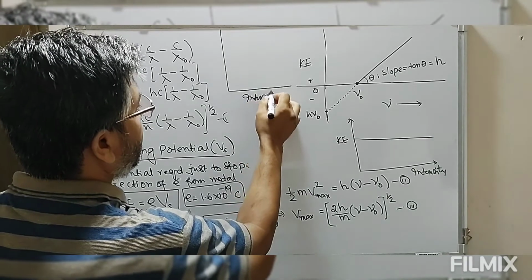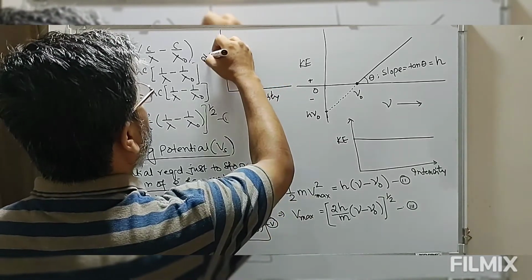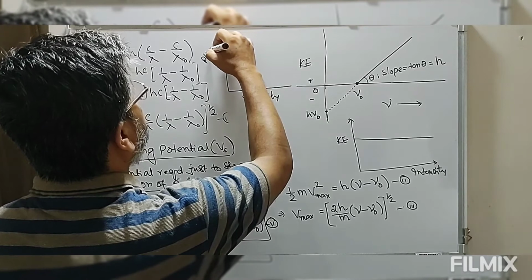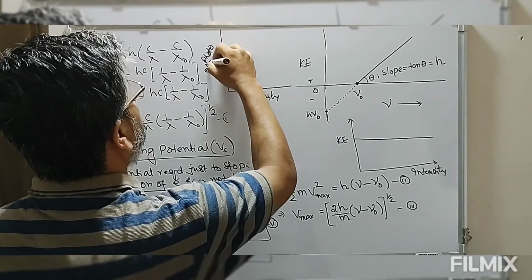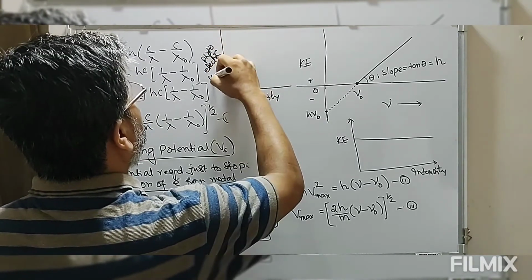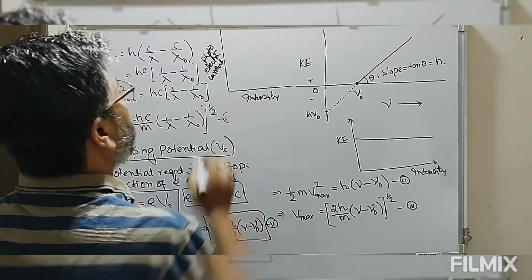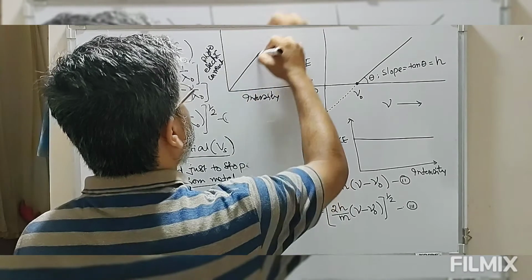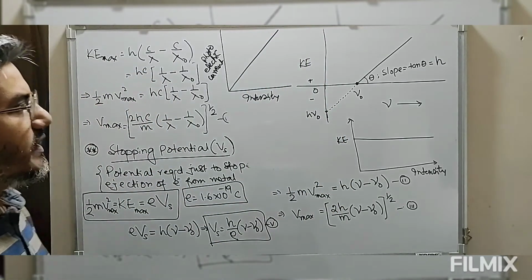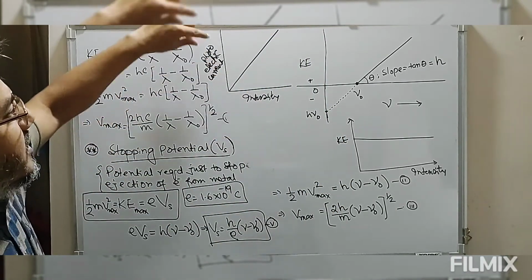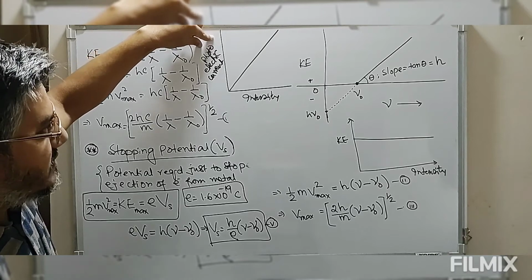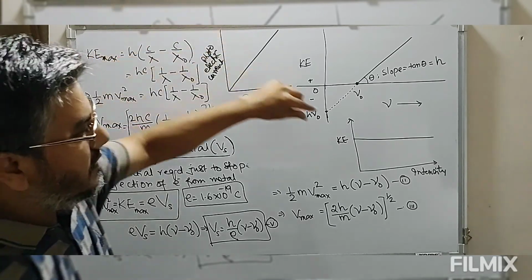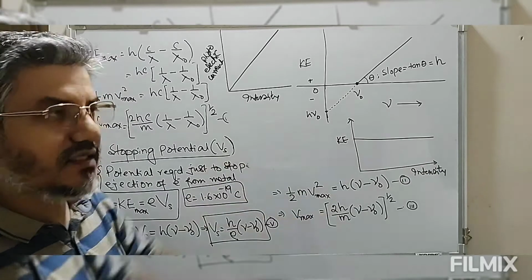So intensity versus photoelectric current. Photoelectric current means number of photoelectrons ejected. This increases. So as the intensity increases, the photoelectric current increases, but the kinetic energy remains unchanged.